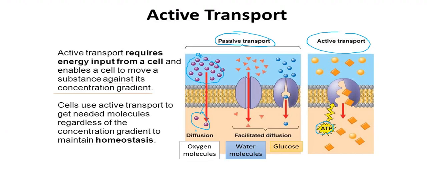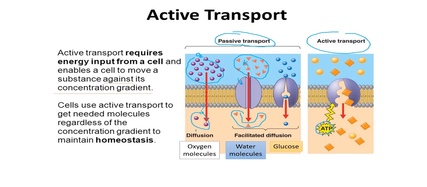The same passive transport happens with potassium here, but it requires a transmembrane protein, so this is our facilitated diffusion, but again from an area of high concentration to an area of low concentration of potassium.